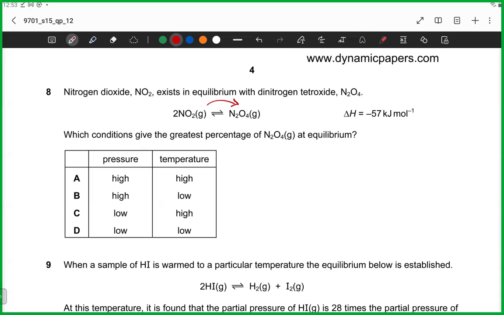Will it be high pressure and low temperature? Low temperature, yes, because it's an exothermic reaction, and high pressure and low temperature, yes.